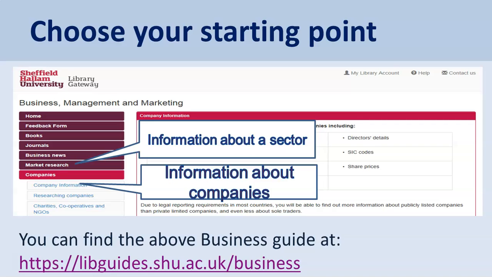Amadeus is a good database for European companies, and then for international companies there's a good resource called MarketLine, Market Research Report database. You can also find industry information on MarketLine and also country information on MarketLine as well.